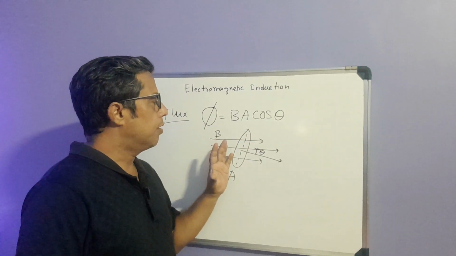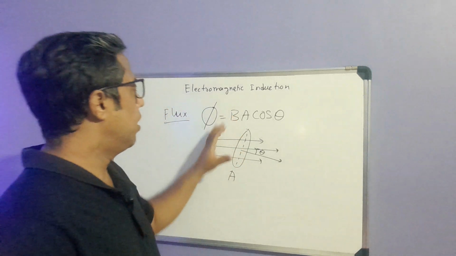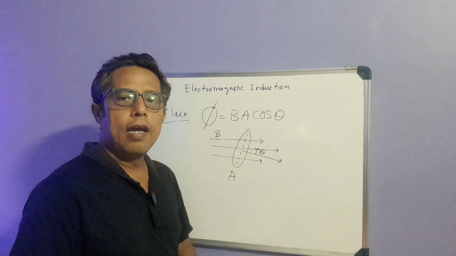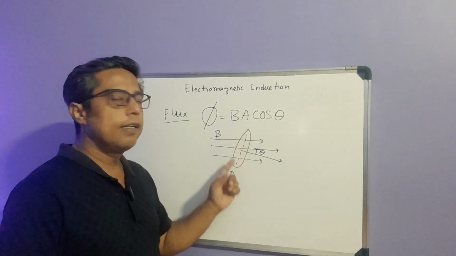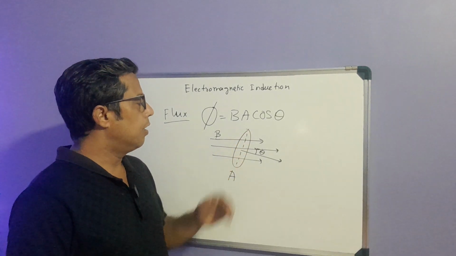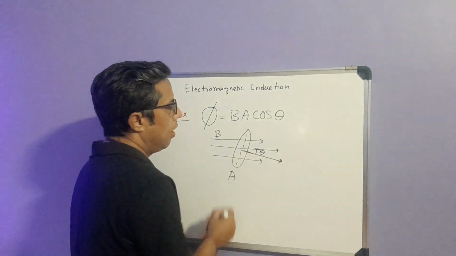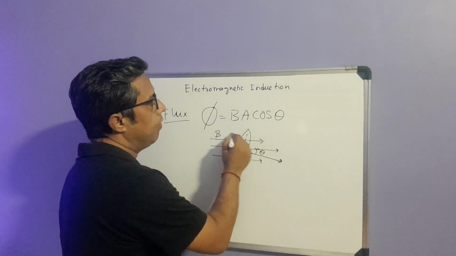Magnetic flux means the number of magnetic field lines perpendicular to any surface area. Let A be the surface area, and this direction is the normal to the surface, and theta is the angle between the normal to the surface and the magnetic field lines.